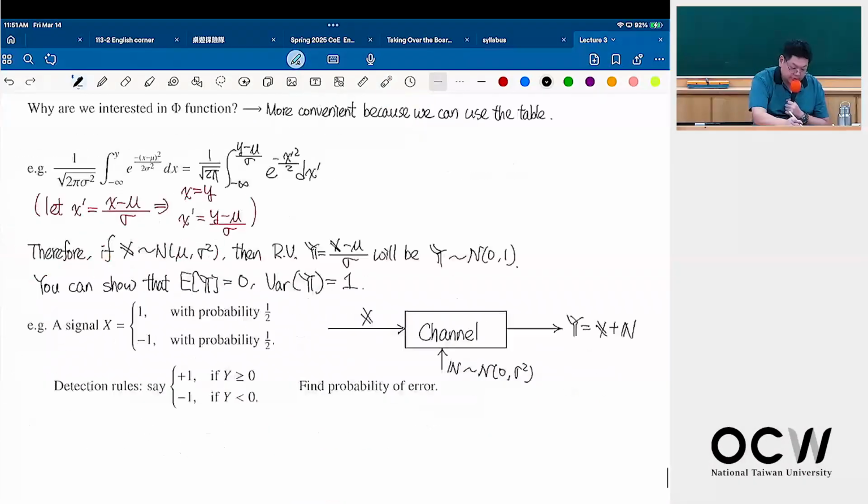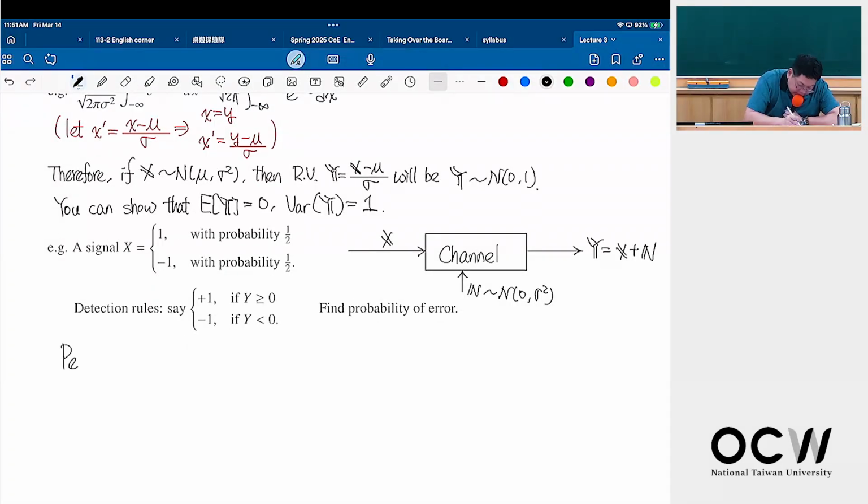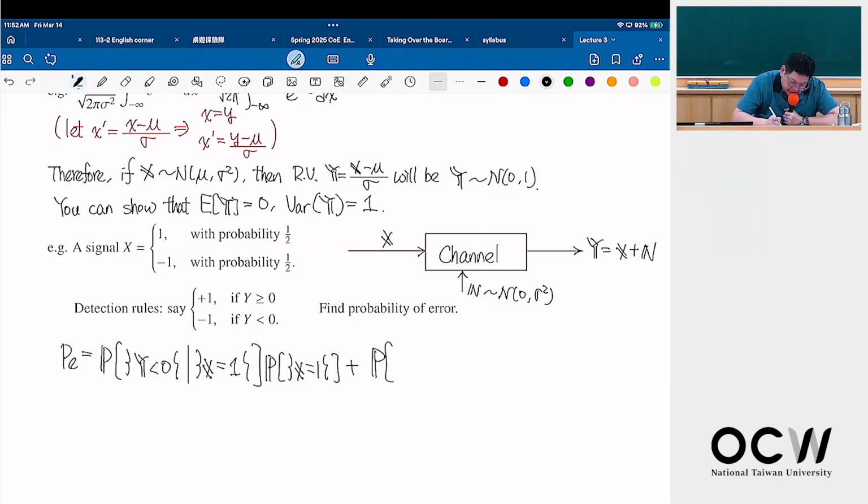Okay. So the probability of error is: when X is +1 that is sent, we say Y is less than 0, and I also need to include this probability. And the other scenario is that Y is greater than or equal to 0, but actually -1 is sent.